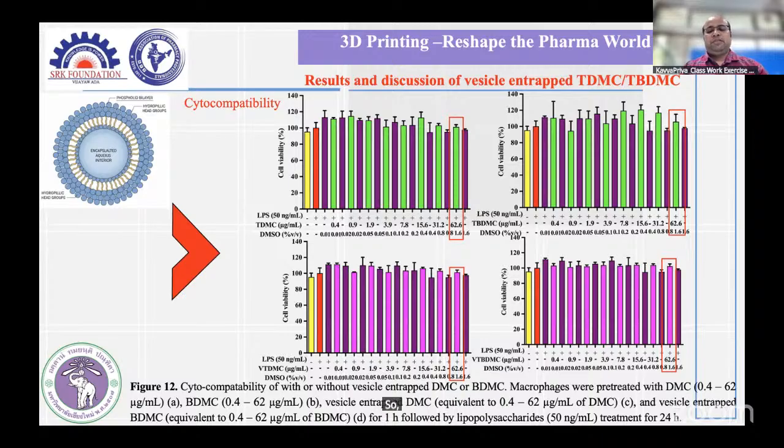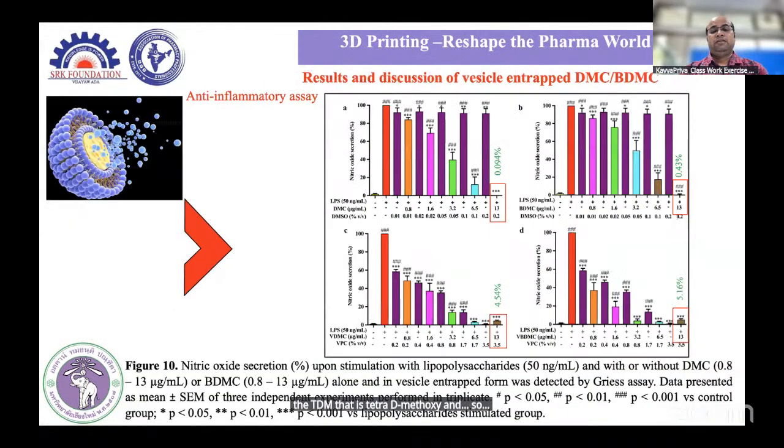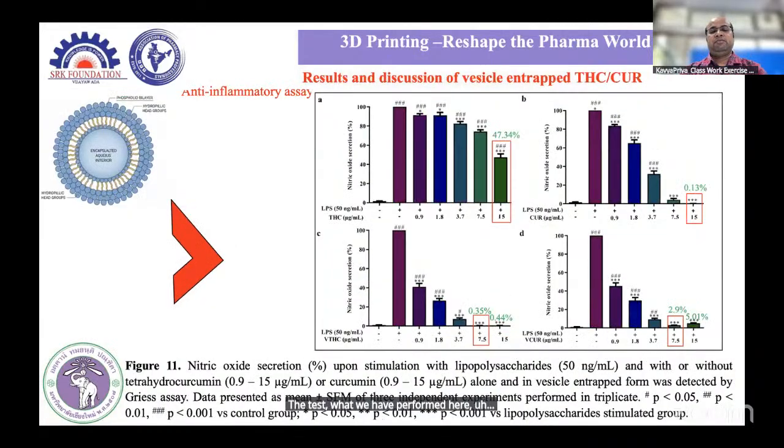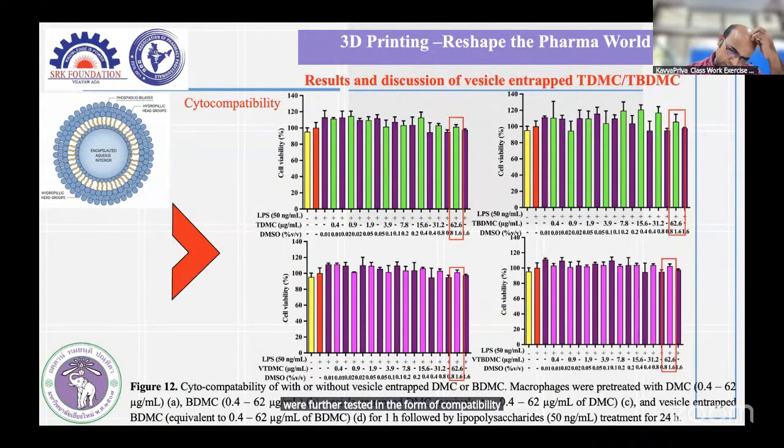So next we checked the further efficacy, in the form of compatibility, for TDM, that is tetra dimethoxy. The test we performed here was further tested in the form of compatibility, and we found that in the presence of LPS, the cells are viable.